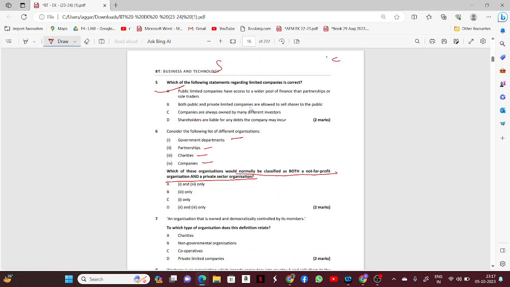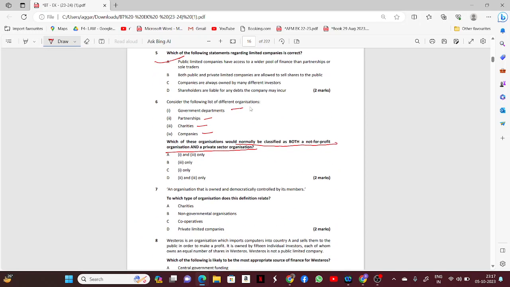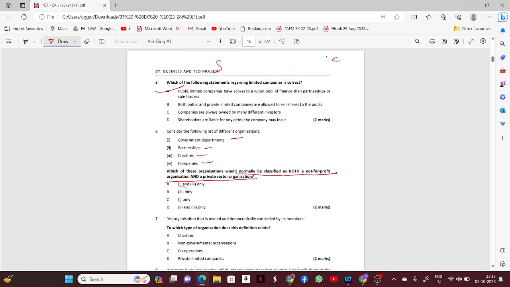So the answer would be B, because charities can normally be classified as both NPO and private sector.